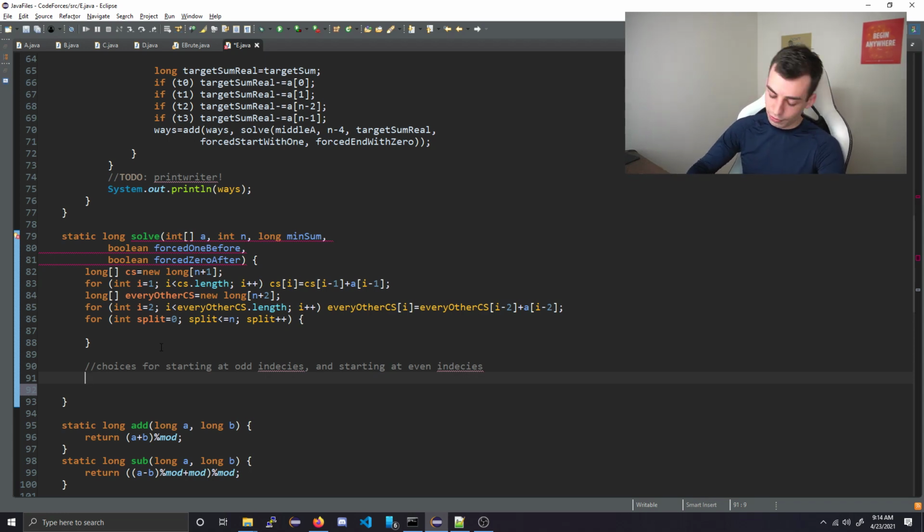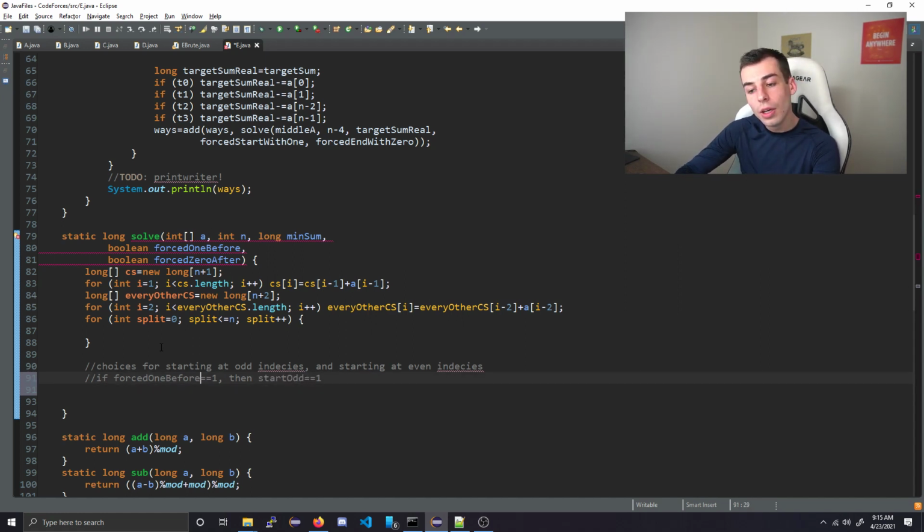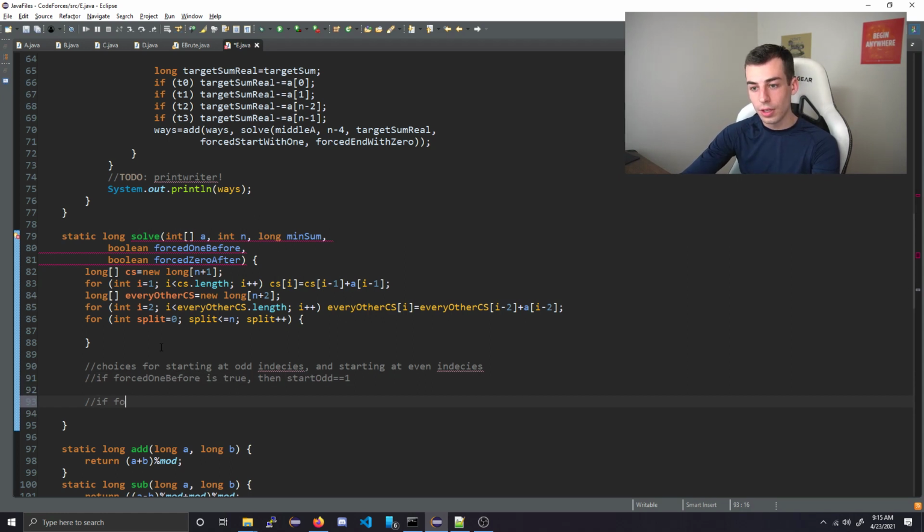Okay, so what if forced one before is true? So if forced one before is true, then that means that start odd equals 1. Okay, what if forced 0 after is true?